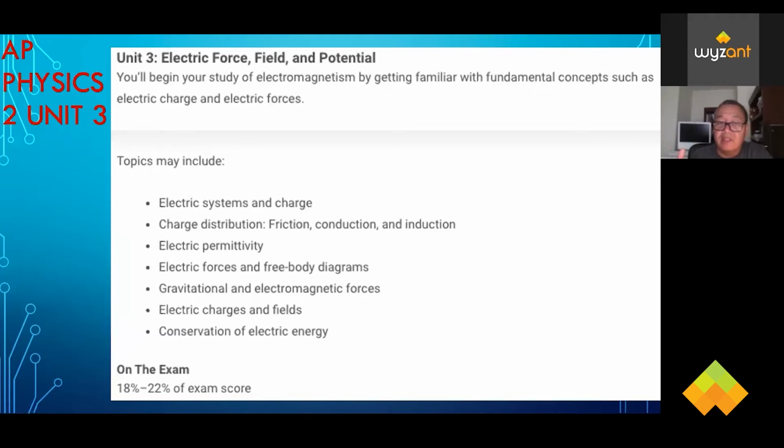This part includes friction, conduction, and induction, electric permittivity, electric forces, and free body diagrams, gravitational and electromagnetic forces, electric charges and fields, conservation of electric energy. This part of the test covers 18 to 22% of the exam. So you can see this part is really, really important, okay? It has almost 20 to 22%.